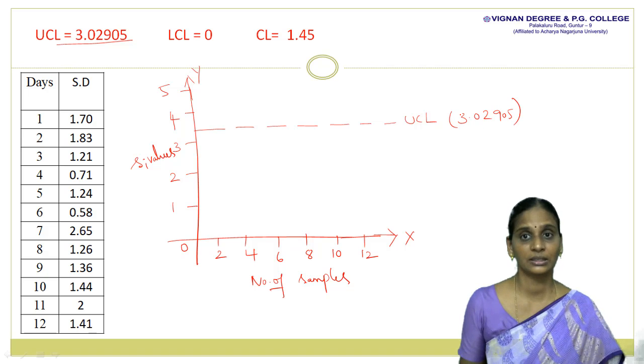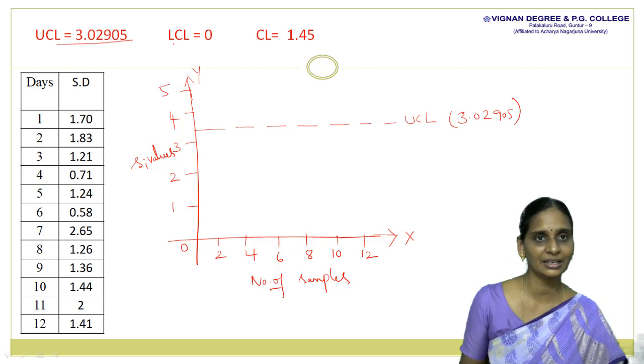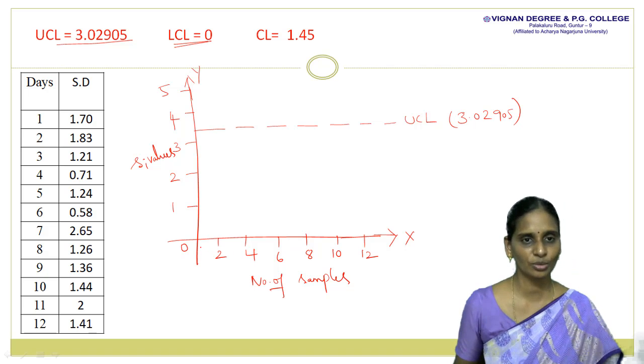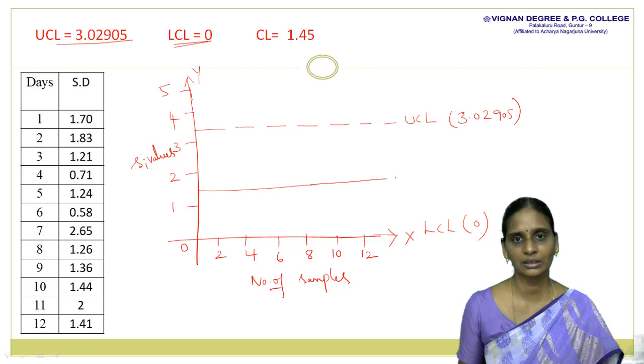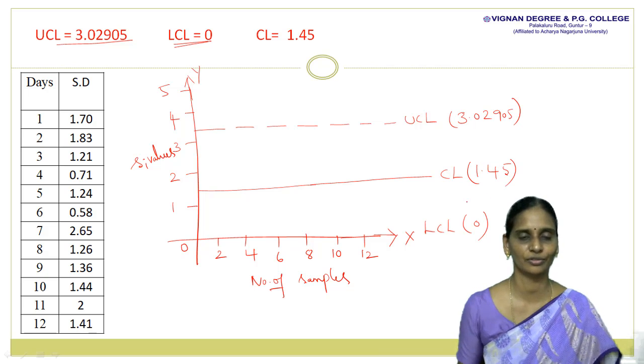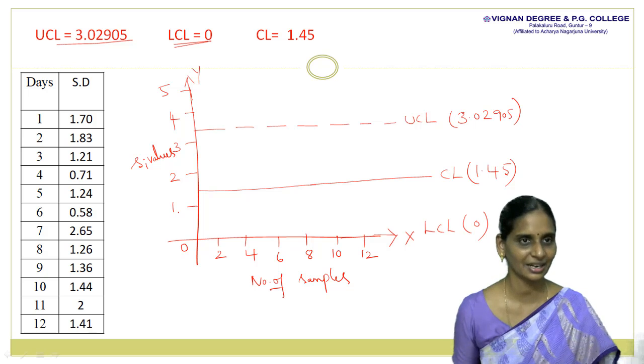The value of LCL is 0, so the x-axis is LCL. And this central line is 1.45, so this is a dark line for CL. We have to draw this at 1.45. Now we have to plot the standard deviation values for each and every sample.